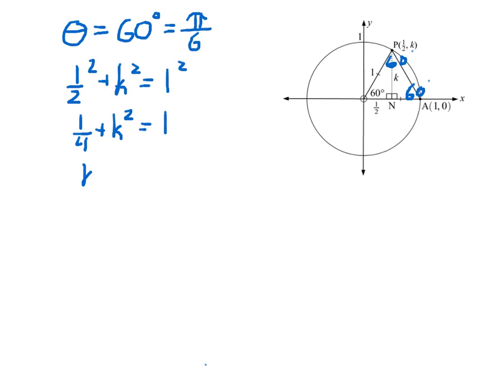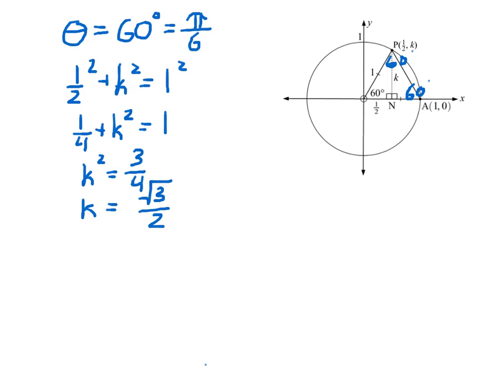Therefore, k squared is equal to 3/4, and k is equal to the square root of 3 over 2. And again, remember, I'm only considering the positive answer because I'm in the first quadrant here, and the y-coordinate is positive in the first quadrant.